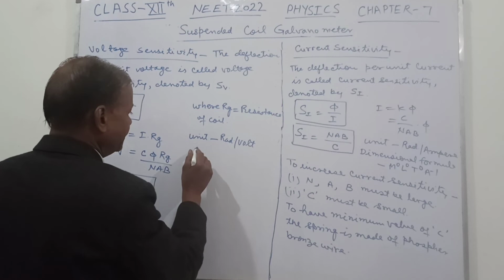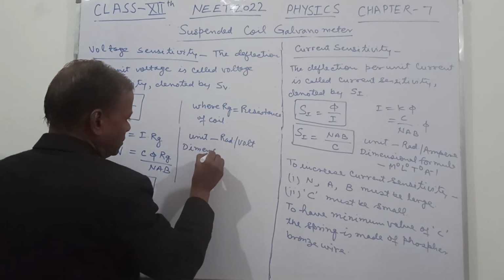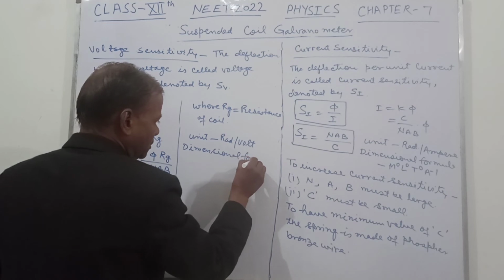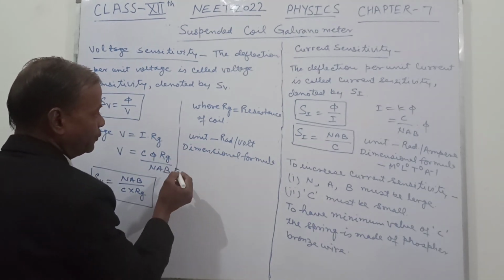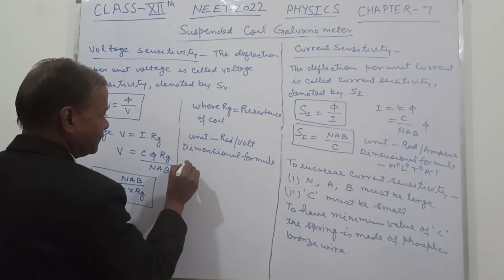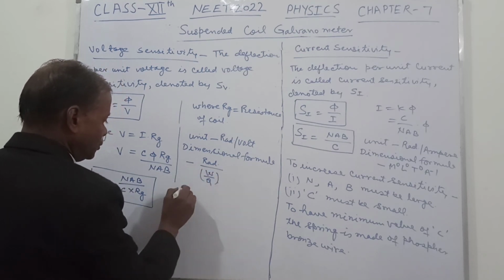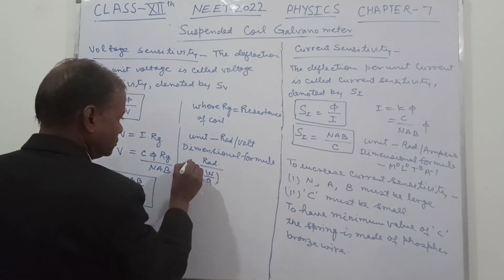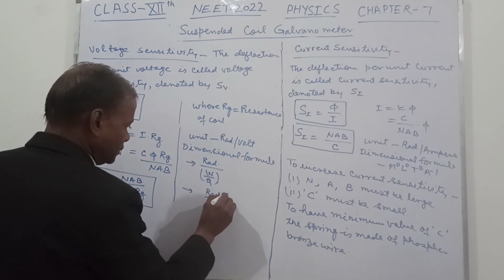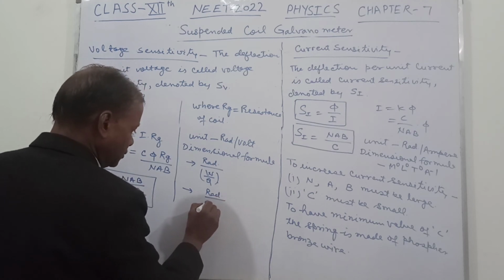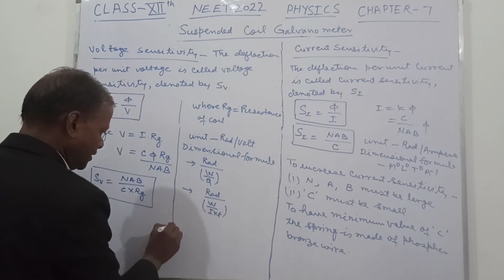Now if we take the dimensional formula, volt is W upon Q. So this is radian upon W upon Q, and Q is equal to I into T, so W upon I into T.